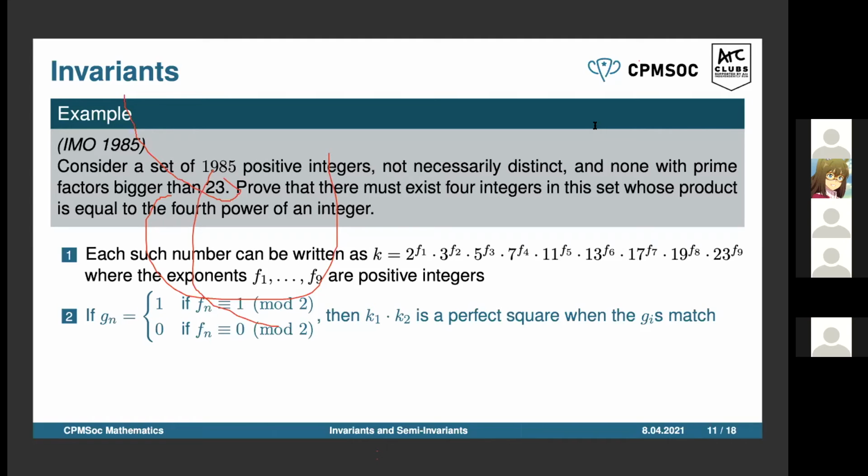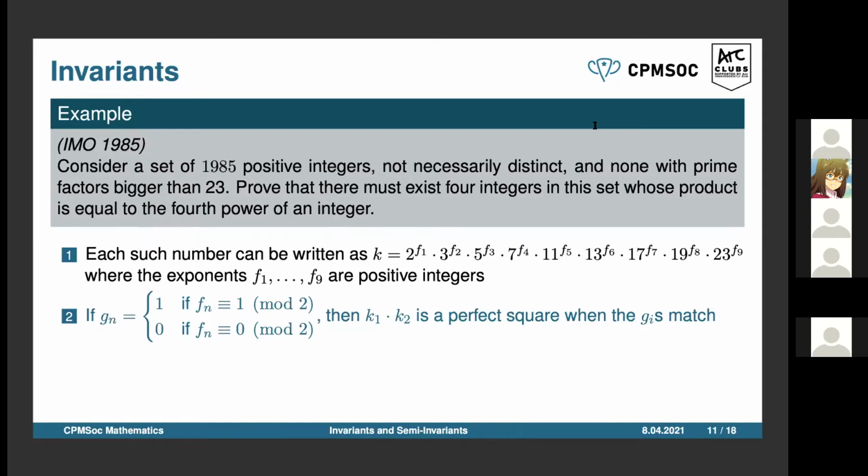So we can define this function g of n. That just tells you the parity of each of these f's when you divide by 2.